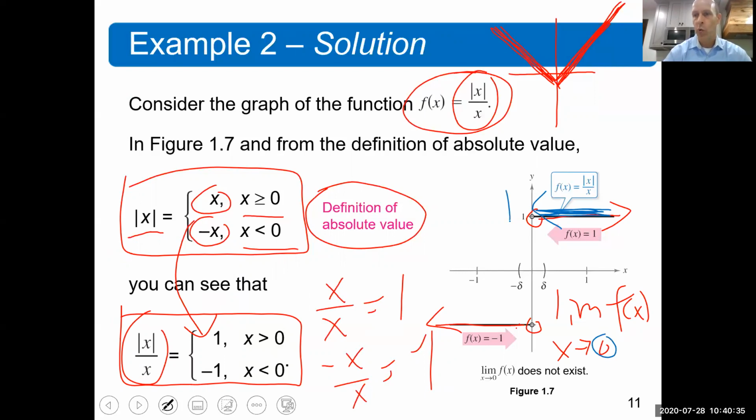Well, I think you'd guess 1. But if I look down here, and if I'm coming in from the left, you probably guess that y is going to negative 1. So 1 does not equal negative 1. Therefore, this limit is DNE.